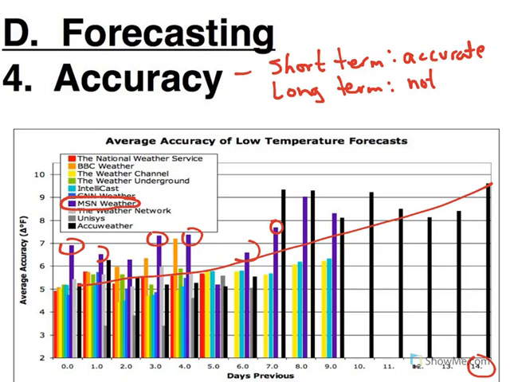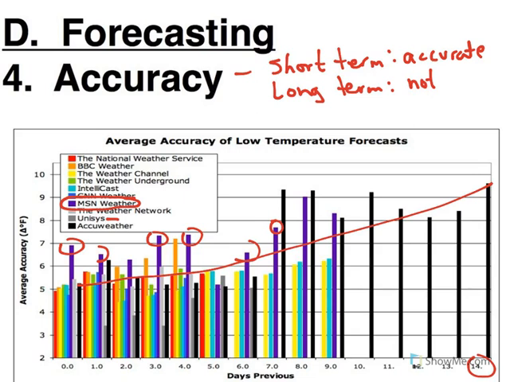Overall, National Weather Service, our red bars there, look pretty good. Unisys looks pretty good. And the others, I mean, they're all in the same ballpark and they're all using the same data, so you're not going to see a wide range of differences, other than the MSN weather. So don't get your weather from them.